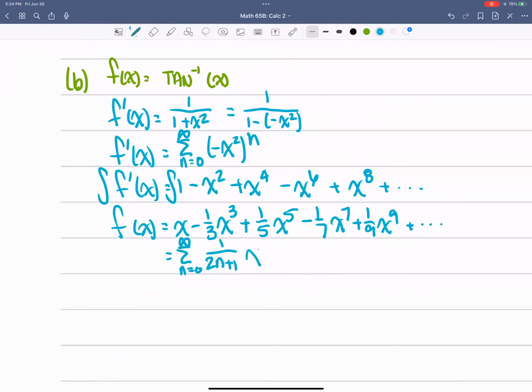And then we have x to the power 2n plus 1, because the denominator of the coefficient is equivalent to the exponent. So that matches. And now since we're alternating, we go negative 1 to the power of n.